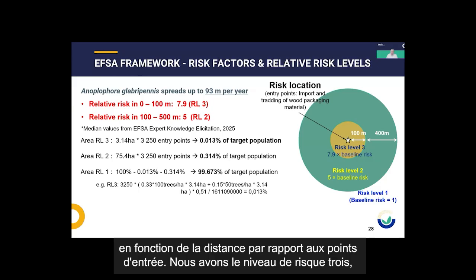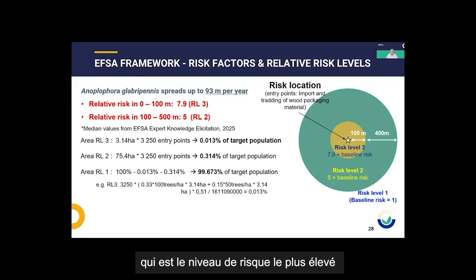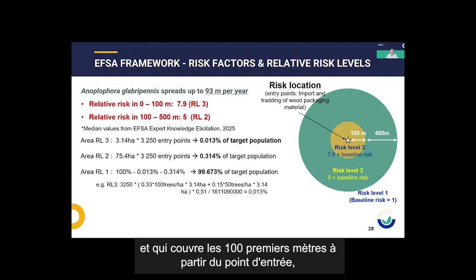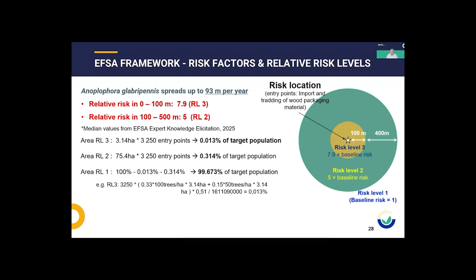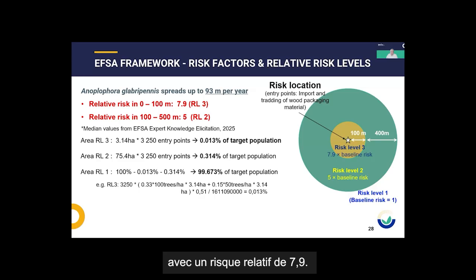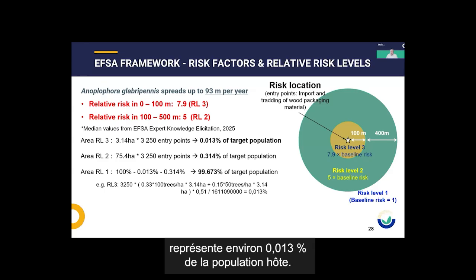We have risk level 3, the highest risk, that covers the first 100 meters from the entry point with a relative risk of 7.9, and this high risk area represents about 0.013% of the host population.